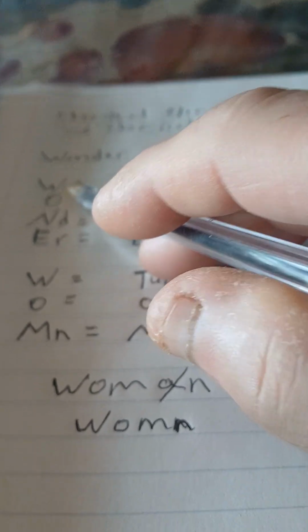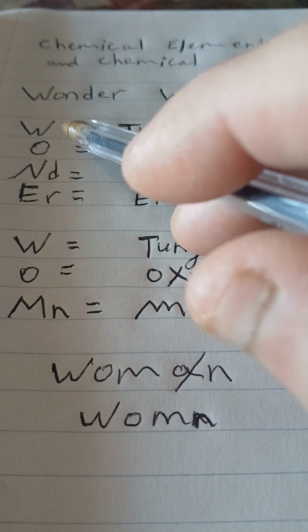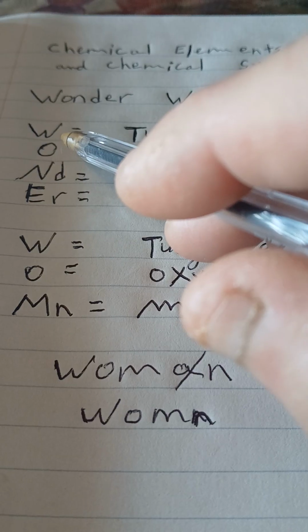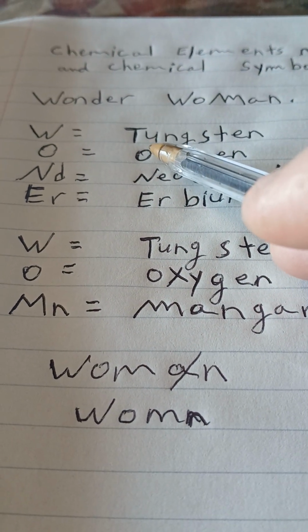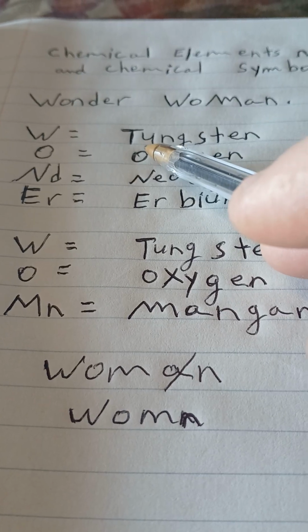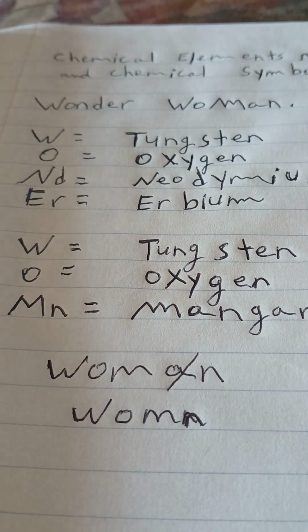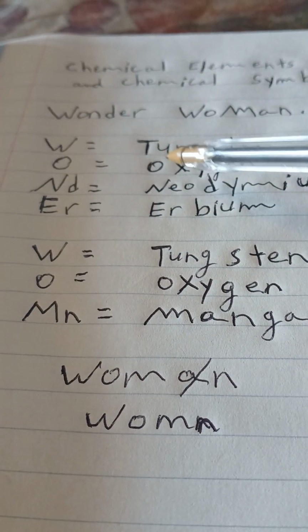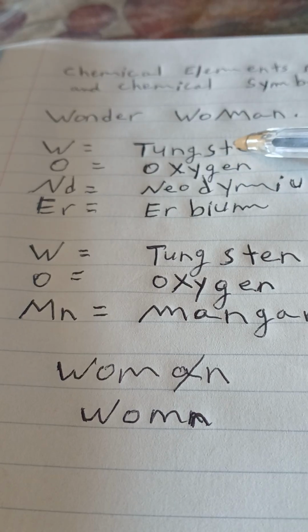The atomic symbol W will fool people. They think the chemical symbol W will be the beginning of the element's name, but that's not true. Here we have a T, so don't confuse yourself. So we got capital W as the chemical symbol, and tungsten for the chemical element's name.